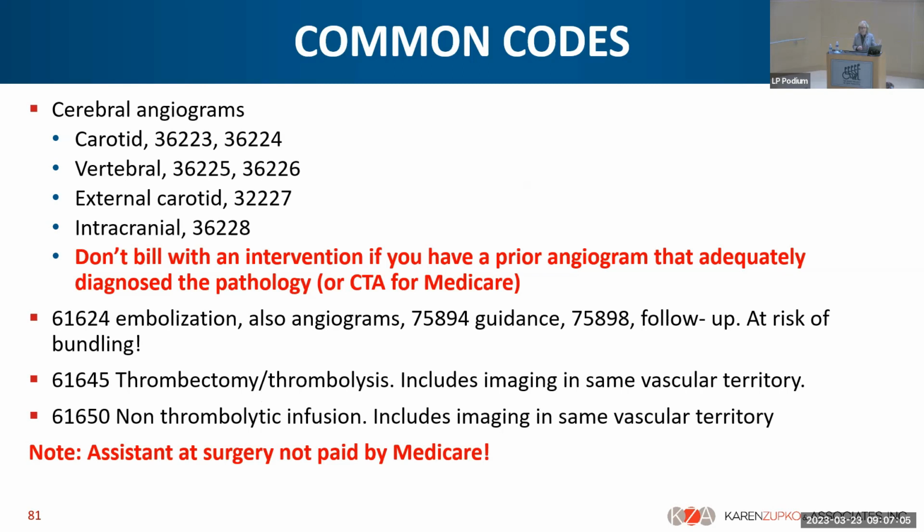All of our other codes like thrombectomy and non-thrombolytic infusion have been bundled by Medicare. 61624 is at risk of being bundled, so take advantage of it now. And if you're doing any venous, I wanted to mention the venous. I want to make sure I haven't missed anything for the endovascular. So these are the same codes, but at risk is our 61624.